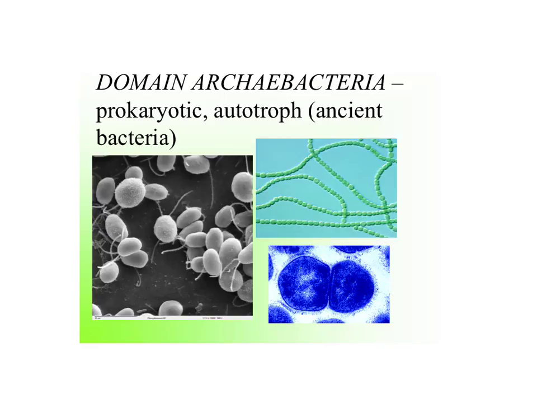The first domain is the Archaebacteria. These are ancient bacteria. They are prokaryotic cells. They are autotrophs, meaning that they get energy from the sun or from some other place. These are the ancient bacteria, the first cells they think to have evolved on the planet.